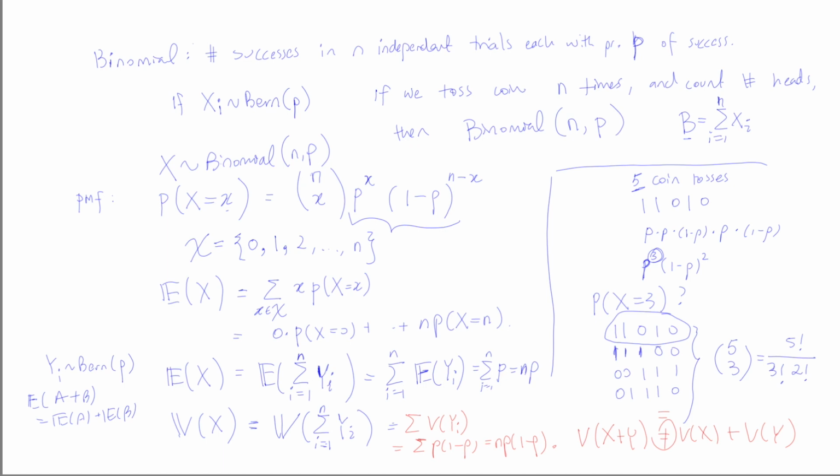Okay, cool. So hopefully that's making sense. What I want to talk about, though, is going back to the Bernoulli. So imagine we toss a coin n times, and we don't know p. Imagine you toss a coin and you don't know if it's a fair coin.